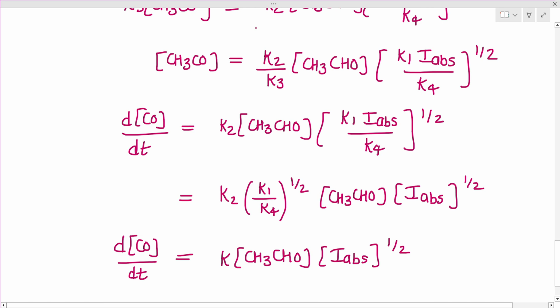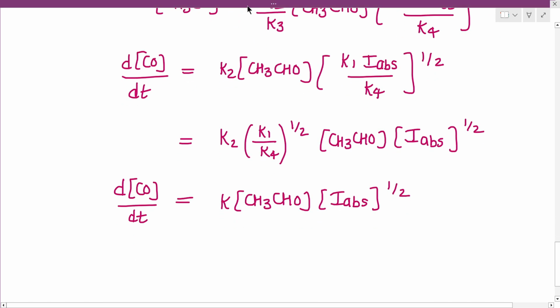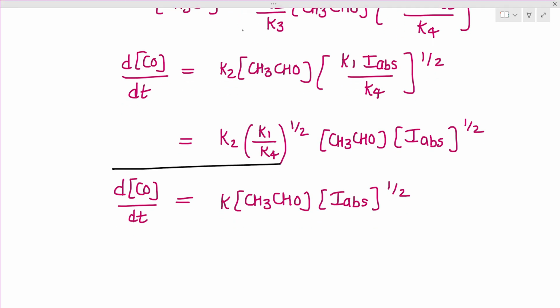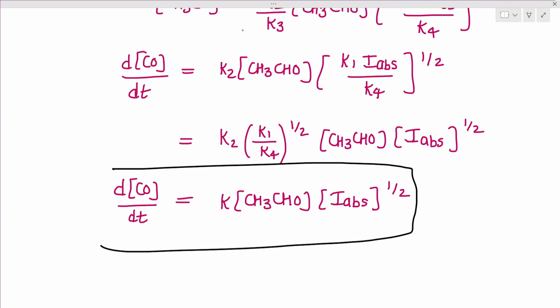All right. So this is the thing that you have to find out. It means now from here one thing is clear, that the rate of formation of carbon monoxide depends upon the concentration of CH3CHO, one order, and on the value of I absorbed to power half. Okay.